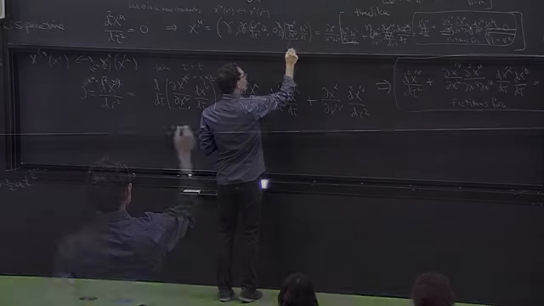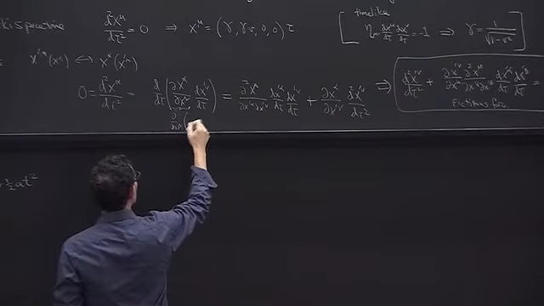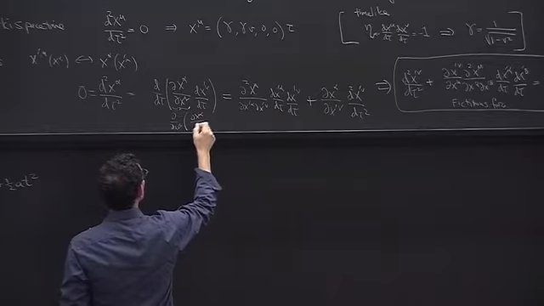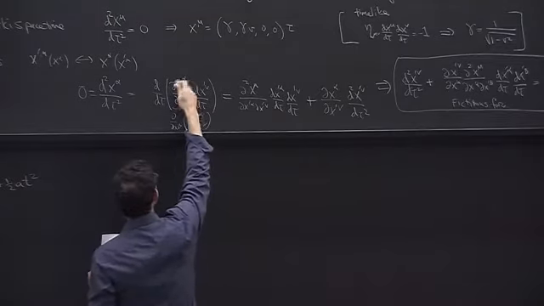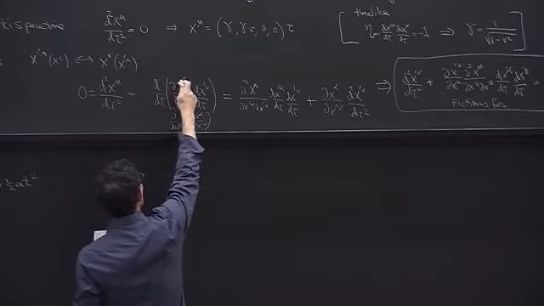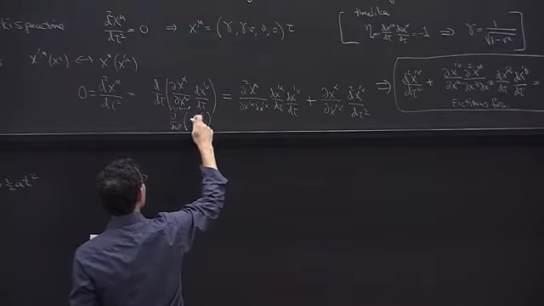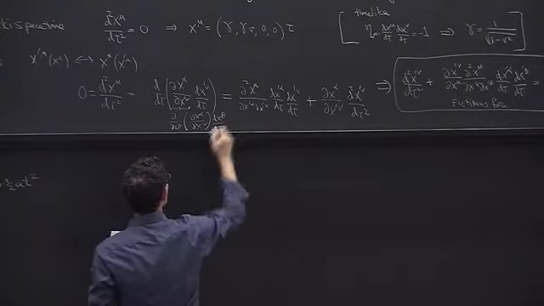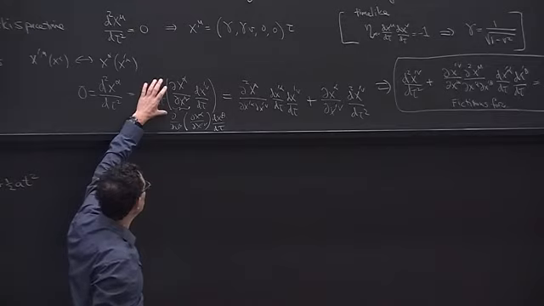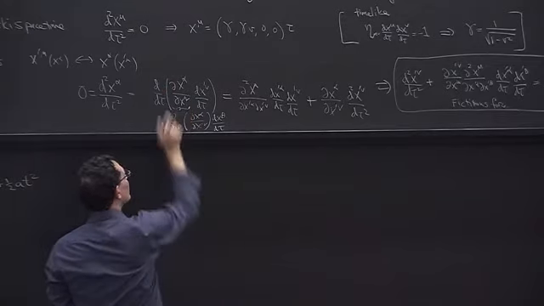I write this as ∂/∂x^β of ∂x^α/∂x'^ν, times dx^β/dτ. That's the d by dτ of this guy.